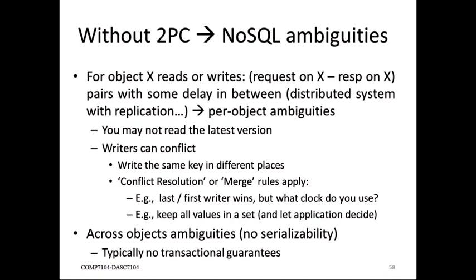Now, basically an operation, a simple write or read operation on an object, on a record, let's say X, is a separate pair, request-response or request-acknowledgement, with some delay in between. And we need to account for that. And so per object ambiguities may come in various forms, as discussed before.